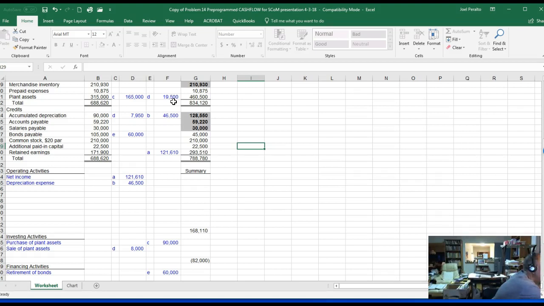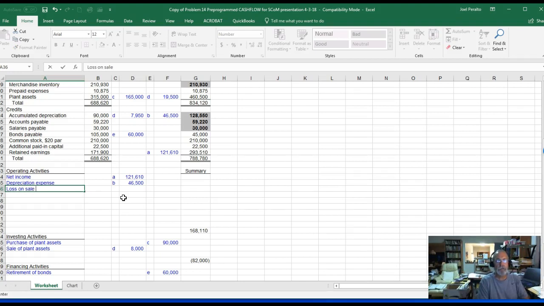Hold on a sec. We had a loss of $3,550, and so that needs to be accounted for separately on the statement of cash flows under operating activities. And again, that would be treated as loss on sale of plant assets.